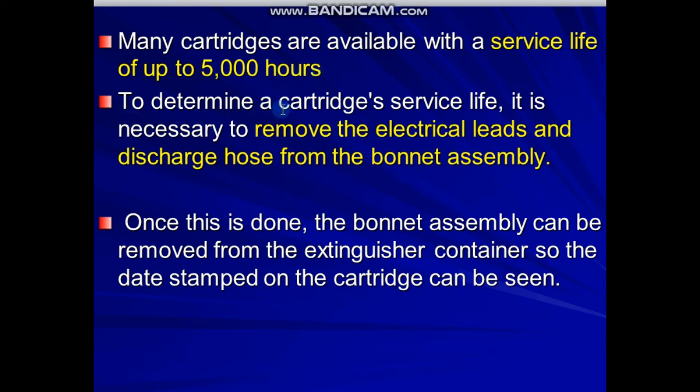To determine cartridge service life, it's necessary to remove the electrical leads and discharge hose from the bonnet assembly. Once this is done, the bonnet assembly can be removed from the extinguisher container so the date stamped on the cartridge can be seen.